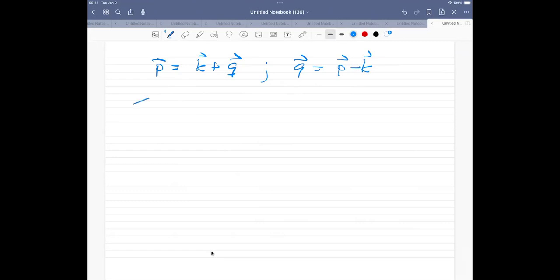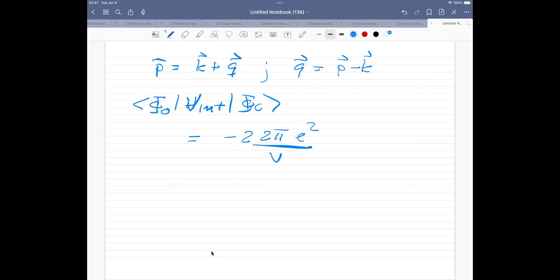So what I get now is that this phi 0, when I collect terms and plug in the V interaction which we started with, is going to be equal to, when I sum over the spin degrees of freedom, a factor of 2. There's going to be a factor of 2 pi e squared divided by the volume.